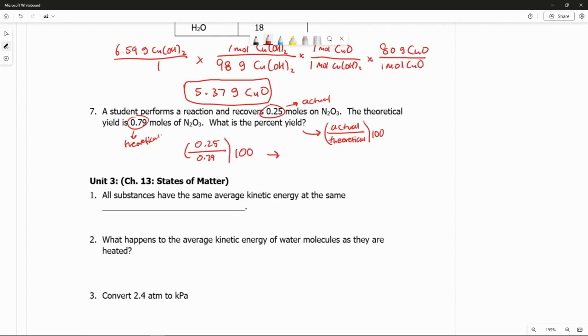If you plug this straight into your calculator, it'll give you a decimal. But if you round that to the nearest hundredths place, you will get 31.65%. So that is the percent yield. All right, that's it.